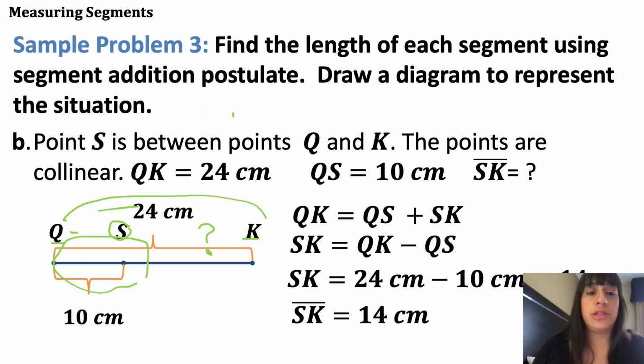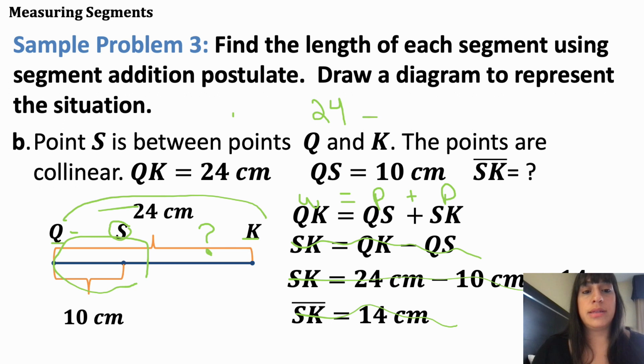So we're still going to do this: our whole is equal to our part plus our part. And now we get to substitute in the parts that we do know. We would say that 24 is equal to 10 plus SK.